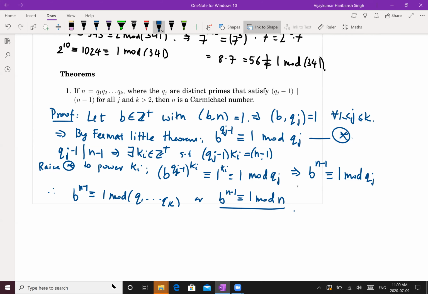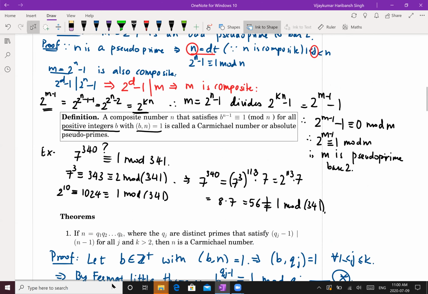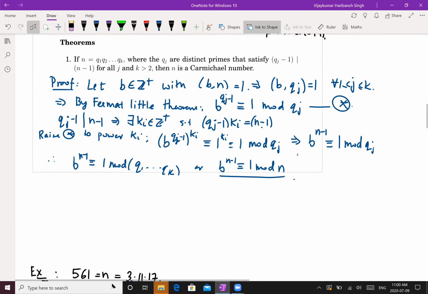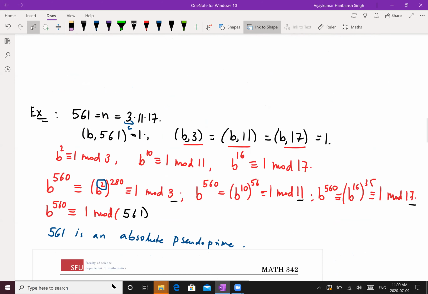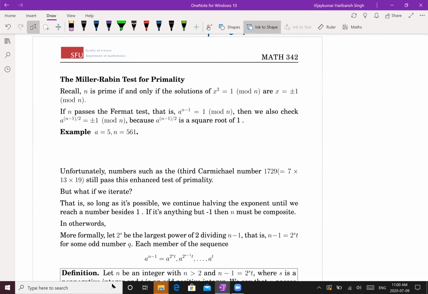All right, so Carmichael numbers kill the hope of using this to decide the primality of a positive integer n. So for now, we'll move on to the next test.